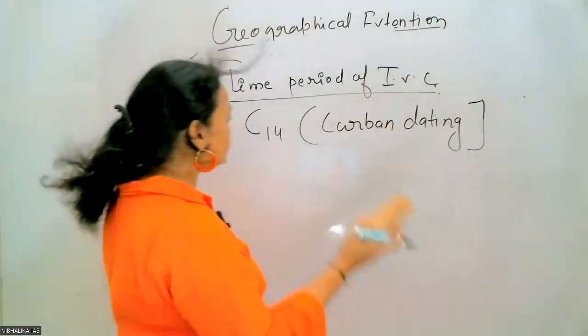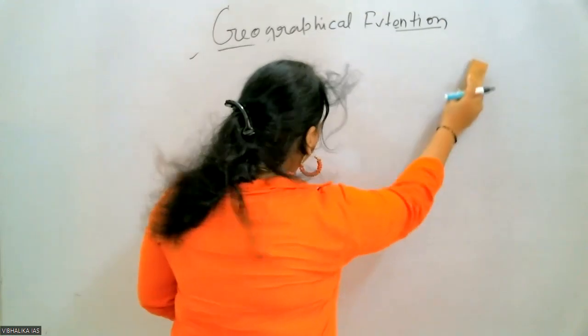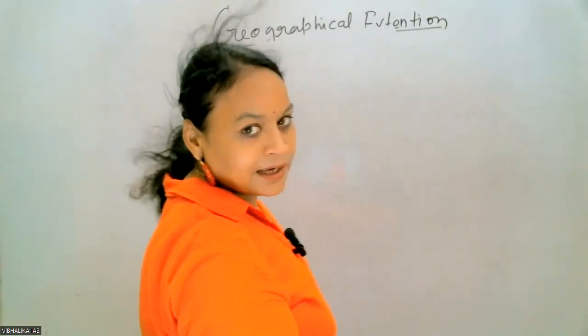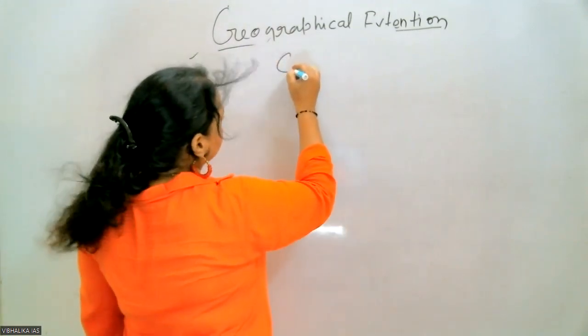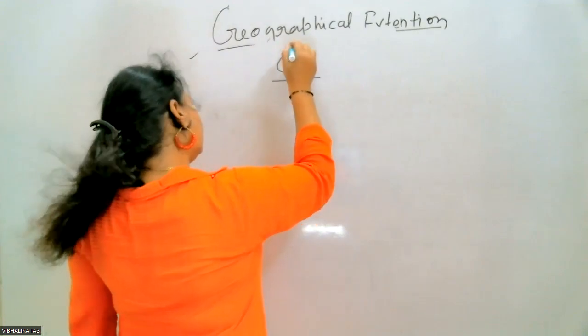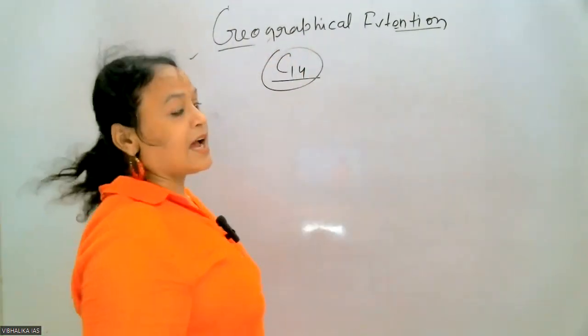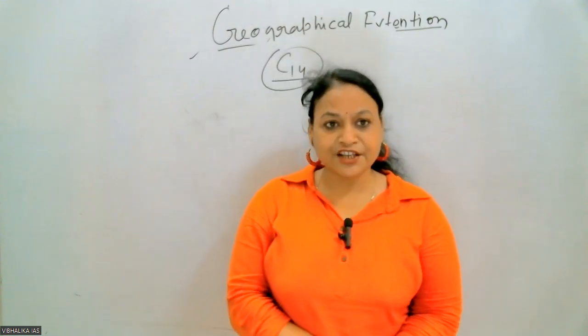So when historians or archaeologists try to find out the age, they use the C14 method. This question has also been asked many times in your exams: what is C14?